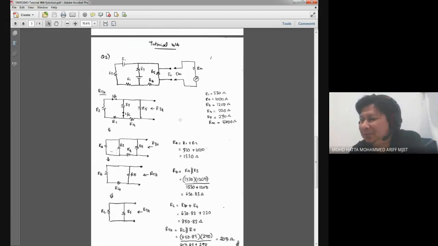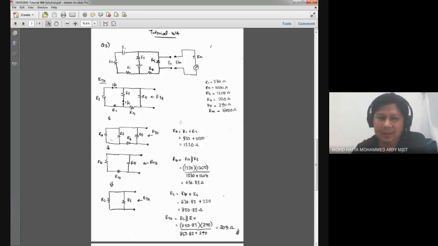Anyway, if you look at my strategy, I always use the same strategy that I have previously. So now I just expand this terminal a little bit longer and also consider this R5 in my RTH calculation.